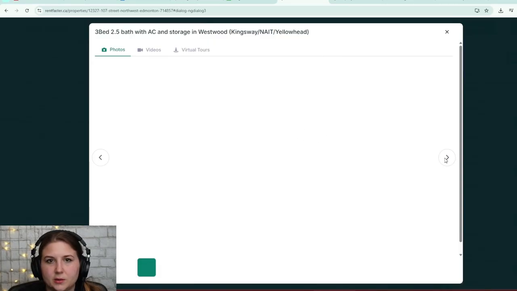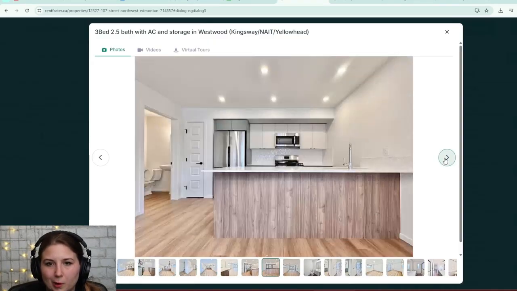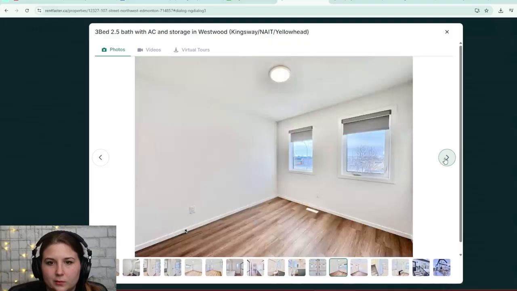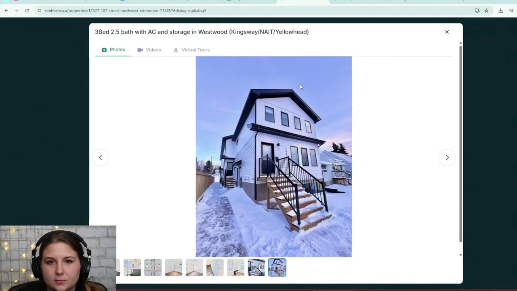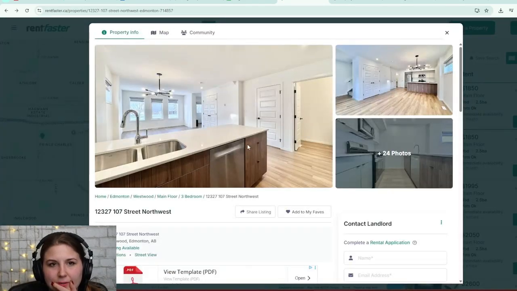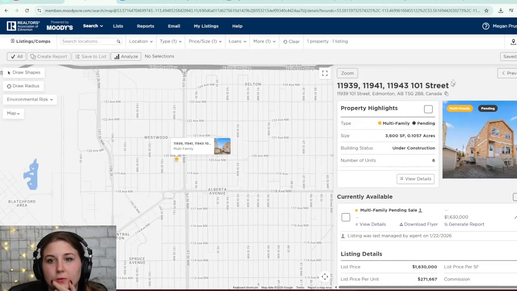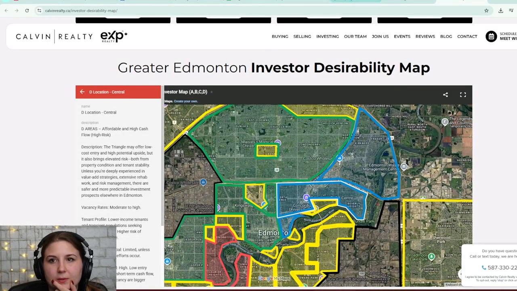I would say this is an exact comparable, probably. Oh, look at that! It's literally the exact same with the same side step and everything. I wonder if this is the building. 12327. No way. No, it's not, but it's super close. Maybe it's the same developer.